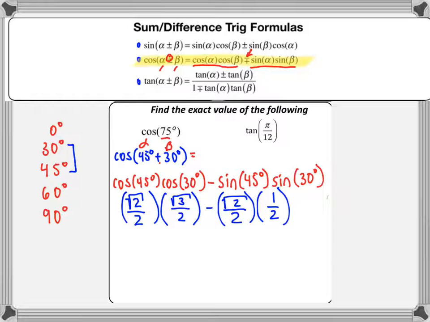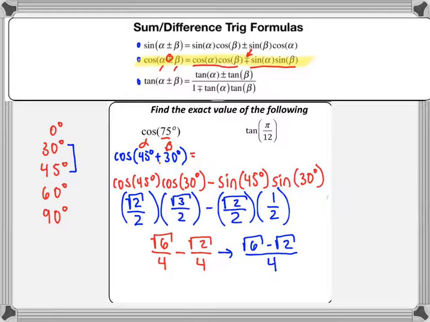Now we just need to clean this up a little bit. The square root of 2 times the square root of 3 is the square root of 6, and 2 times 2 gives me 4, minus the square root of 2, because that's the square root of 2 times 1, all over 4. At the end of the day, my final answer is the square root of 6 minus the square root of 2, all over 4.